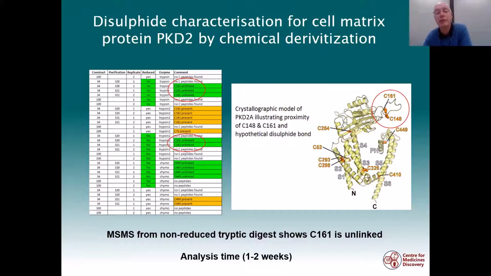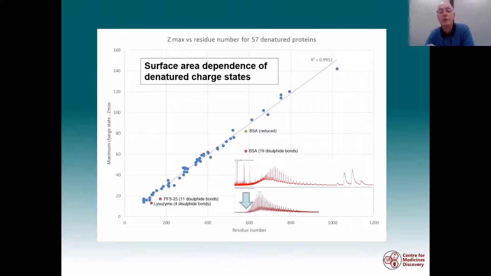There is an easier way of doing that. And the easier way of doing it relates to some data I showed you earlier. When we were looking at native mass spectrometry, I showed you this plot where we've taken the maximum charge state, so that's this value here, for a range of different proteins, and plotted it against the residue number. And you can see we have this straight line.